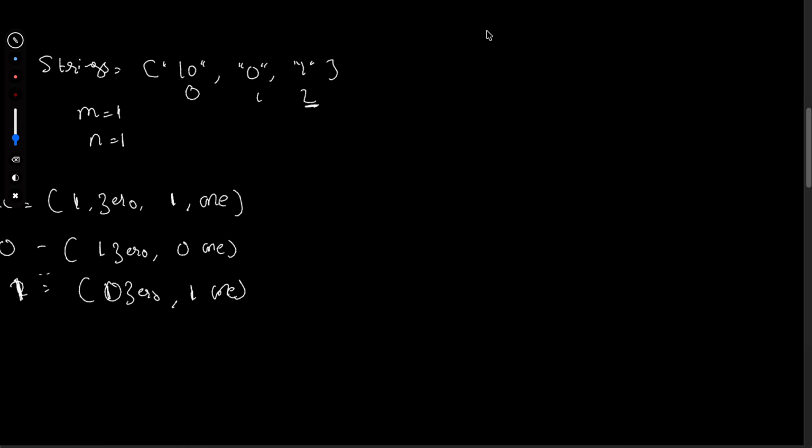At the first level, we call the function solve of 0, where 0 is the index, along with m and n.